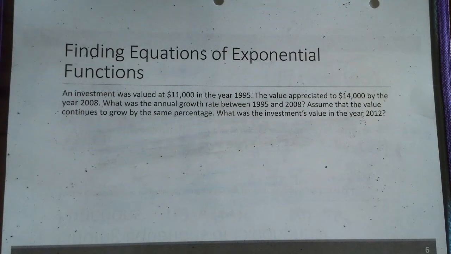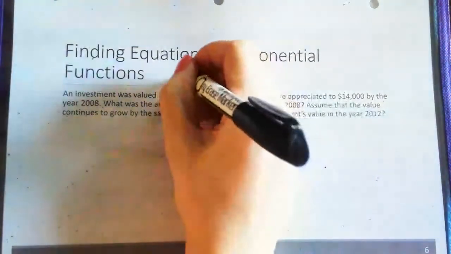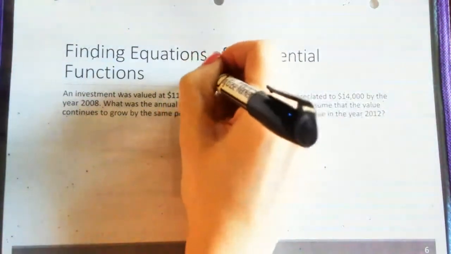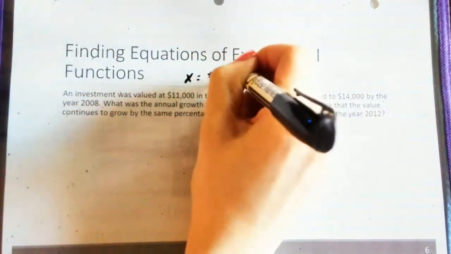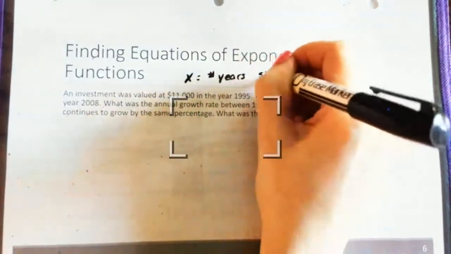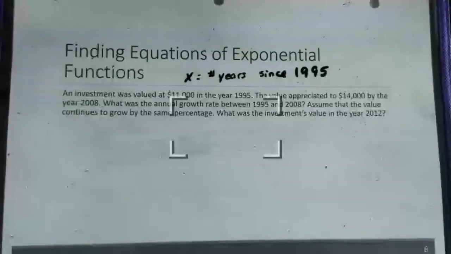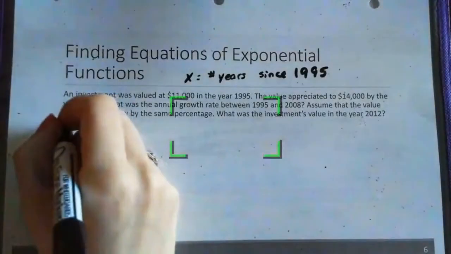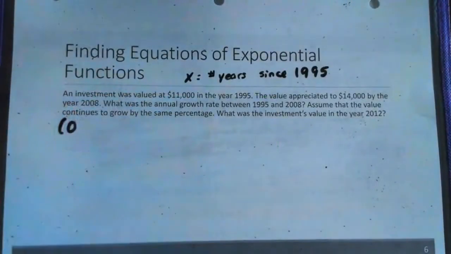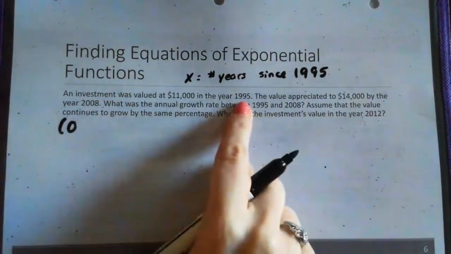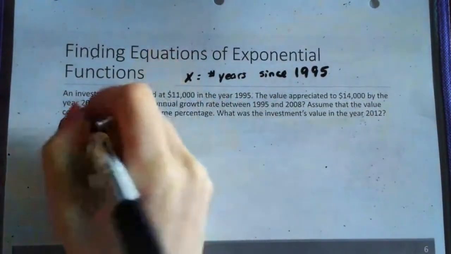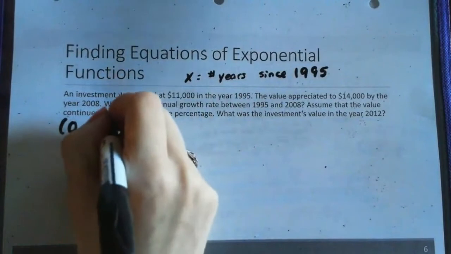Just to make things a little bit easier, when I'm working on this problem, I'm going to let x be the number of years since 1995. Because if I do that, then I can say that when x equals 0, so in the year 1995, the value was 11,000.